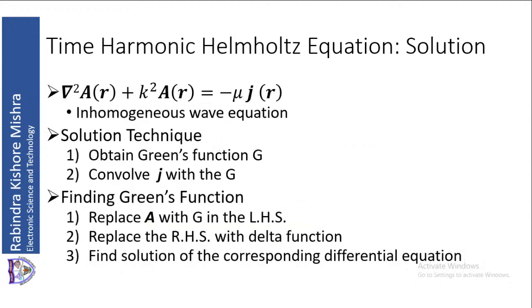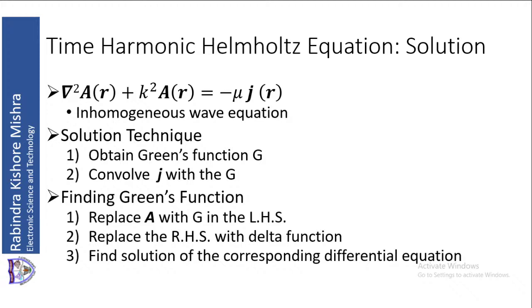Now how are we going to solve this Helmholtz equation? Let us look at that. In the time harmonic form, it is del square A(R) plus k square A(R) is equal to minus mu J(R).